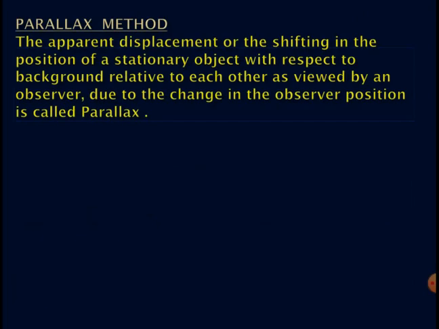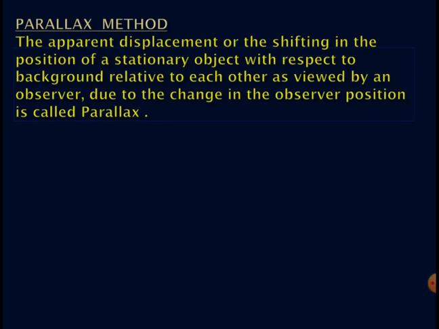Small distances we can measure using a measuring tape or scale. But for large distances, how do we measure them? Like the distance of stars, I mean the apparent distance that we see for heavenly bodies like a star or the moon or a planet.